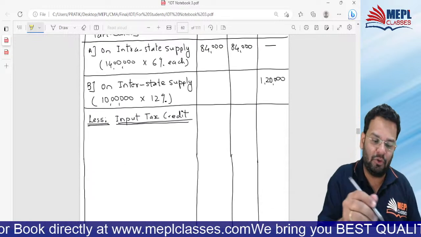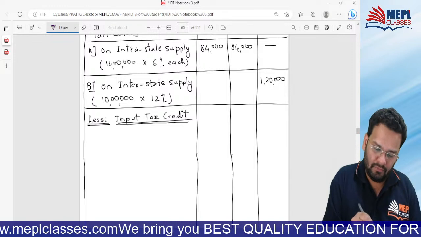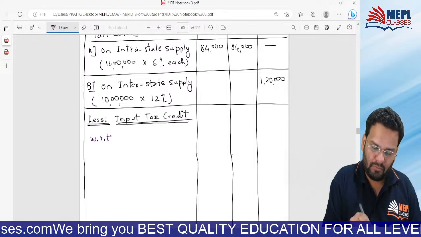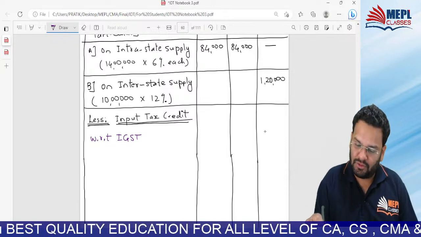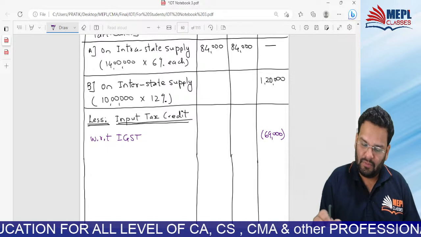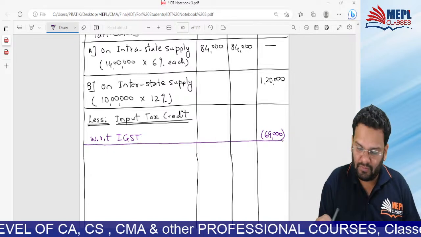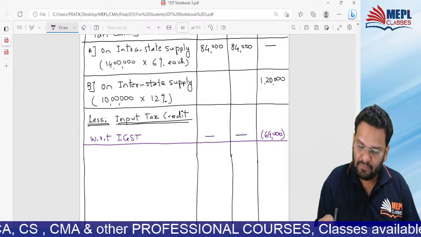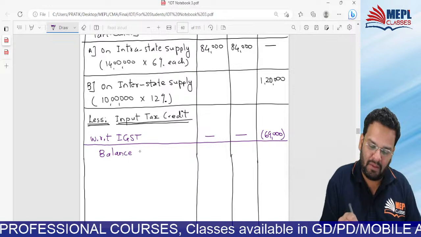So less input tax credit with respect to IGST. It is 69,000. Yes. So please touch that first. It is over. After each step, calculate balance payable.